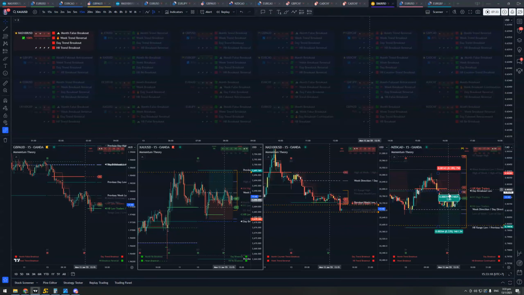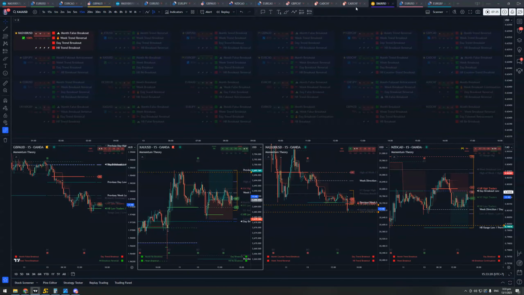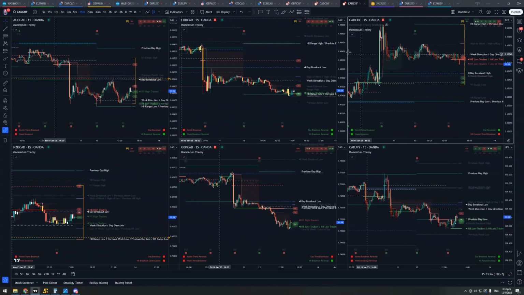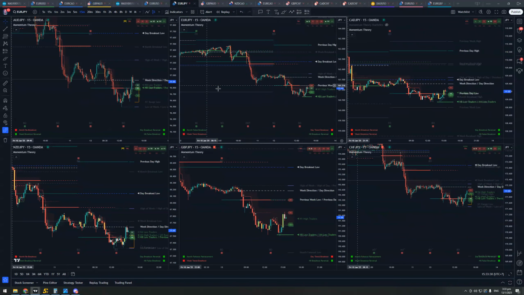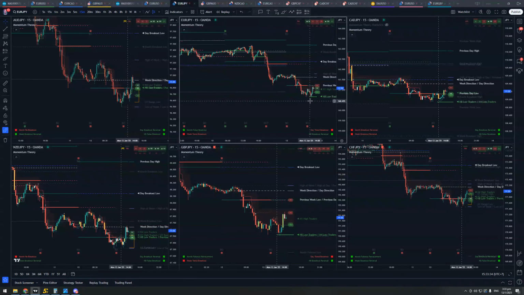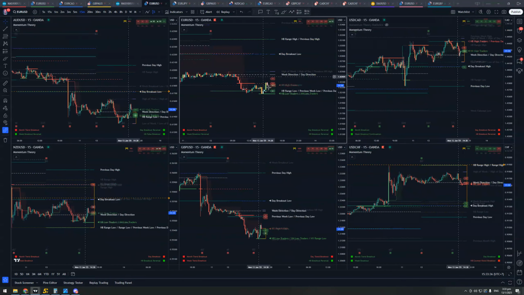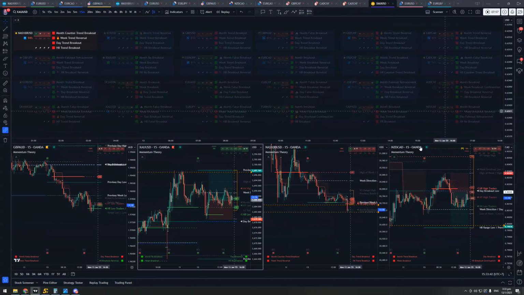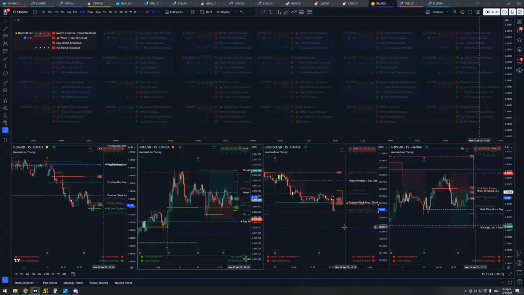Still nothing in gold, still nothing in NZD CAD. Don't see anything else at the moment. Okay, gonna pause it and I'll just wait for the entry here.